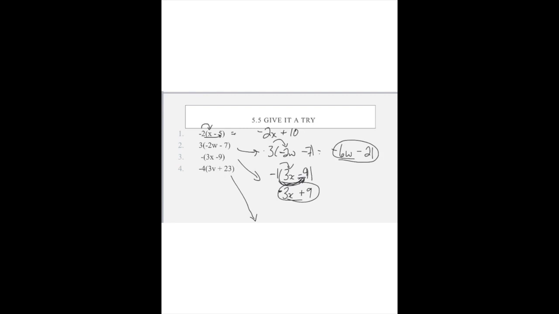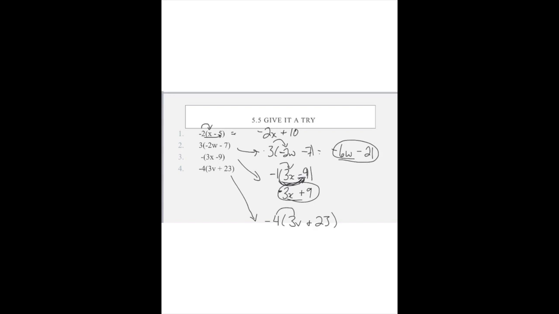The following one, it gets a little bit bigger than that. And you can feel free to use your calculators if you need to. So now we have negative 4 outside times 3v plus 23.